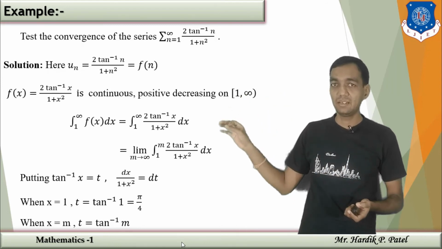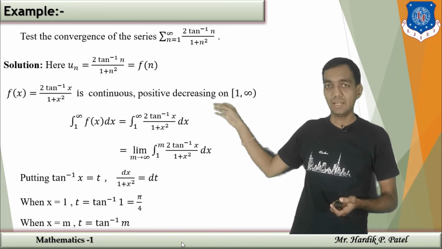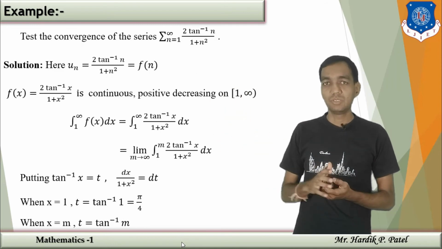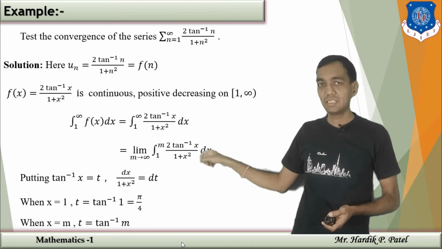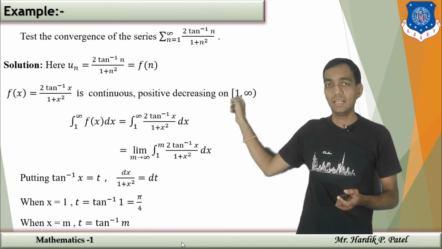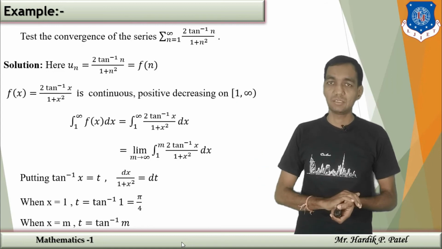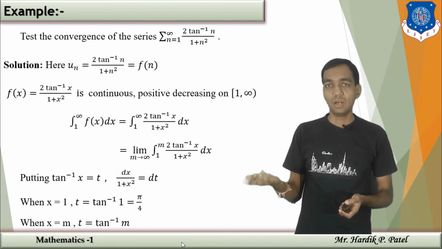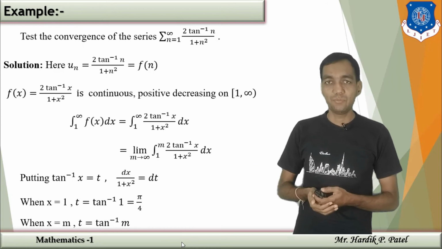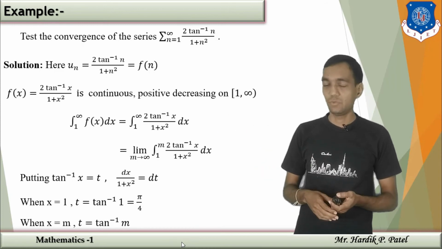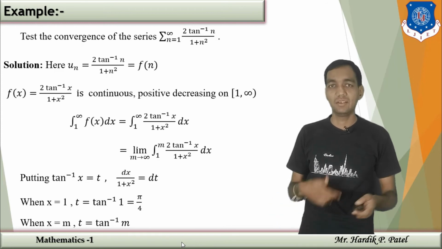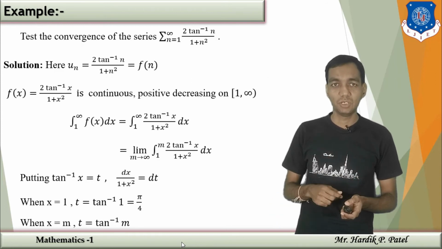So applying the integral test from 1 to infinity f(x) dx and using the improper integral, that will give you limit m tends to infinity integration from 1 to infinity 2 tan inverse x upon 1 plus x square dx. You can directly apply the formula of f dash into f, that will be f(x) whole square by 2, or here we are using the method of substitution.